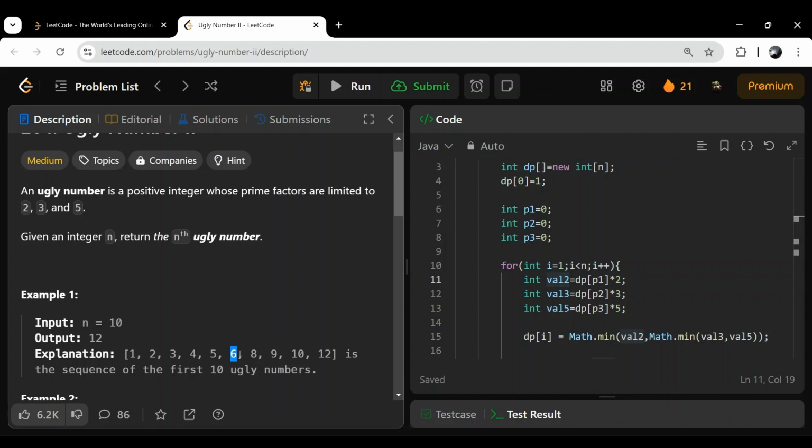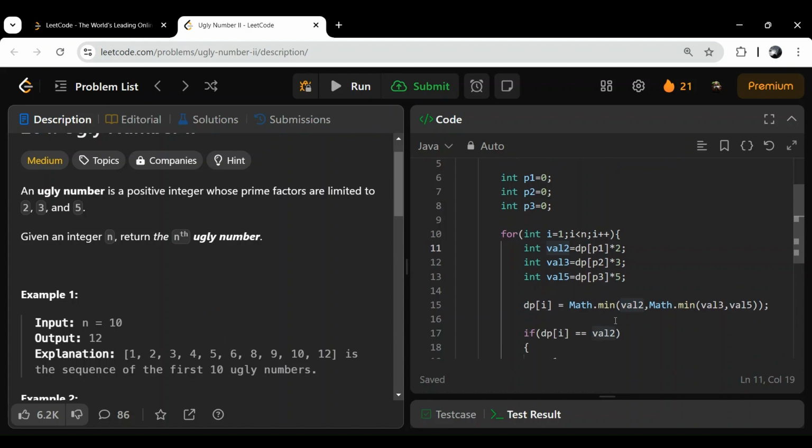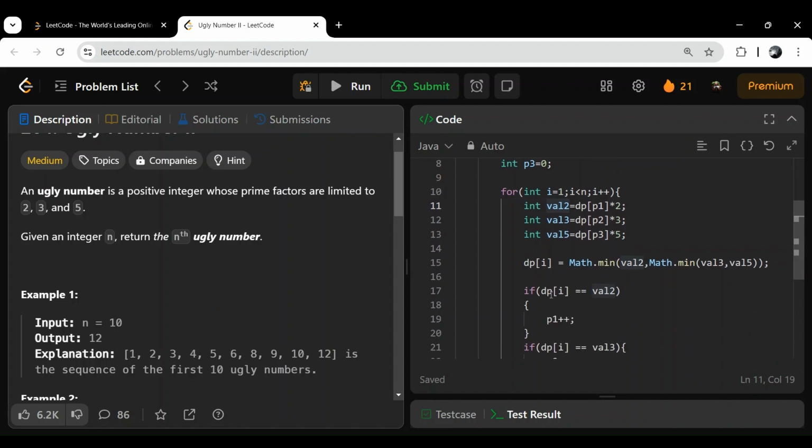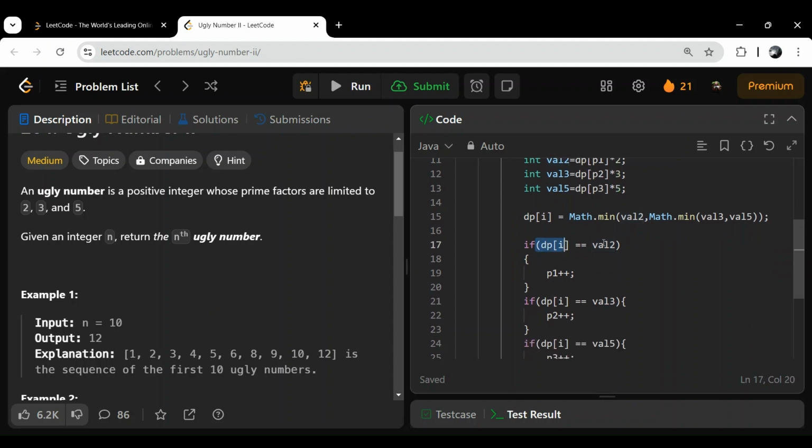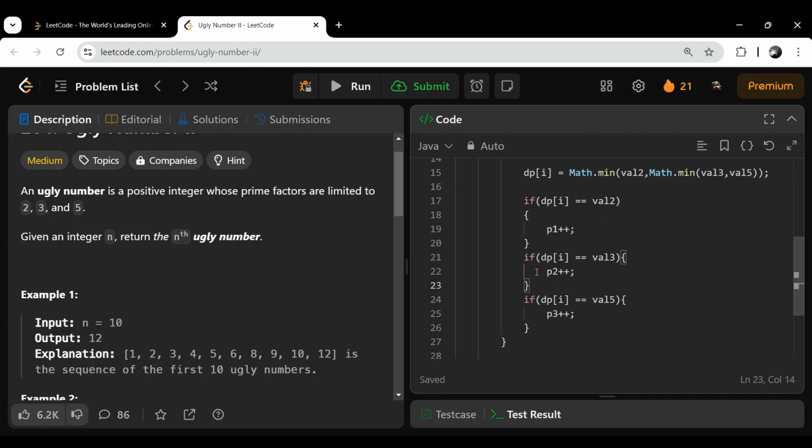Let's say we get 6 twice, because we have multiplied 2 with 3 and 3 with 2. So we'll get the number 6 twice, and in that case we have to ignore it. If any two values are the same, we take only one number, but we increment both pointers. That is why both are if, not else if.